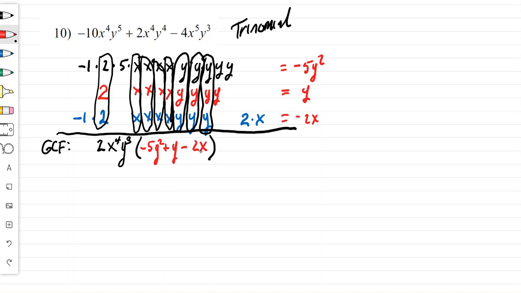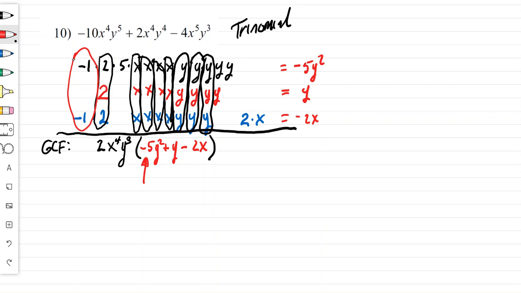Okay, now this brings up an interesting situation. If I look in here, I notice my leading term is negative. You'll notice that when you plug it into Symbolab, it says the answer is negative, because what it's doing is factoring out that negative. But I need you to focus on this and notice there's not 3 negatives.